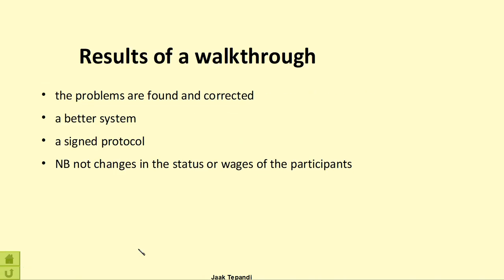Results of a walkthrough are the problems which are found and corrected, a better product or system, a signed protocol of a walkthrough. Depends, of course, also on the walkthrough type, so it's not always, but it's recommended, because then the participants know what was the result and what is expected from them.